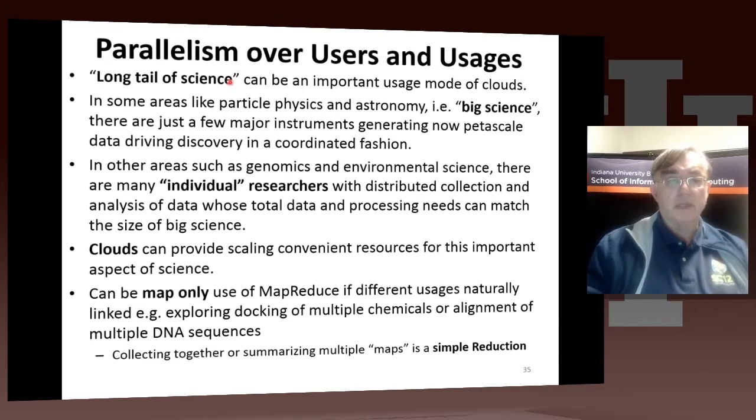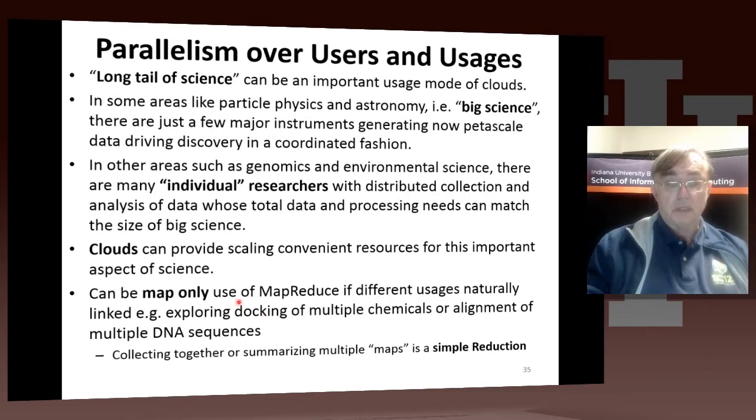And the long tail of science is like the long tail of search, namely that's lots of users each doing a small amount of work. And that differs somewhat from big science, although with the big science, which is like particle physics, it has a major pleasingly parallel application called parallelism over usages, namely parallelism over analyzing each event separately.